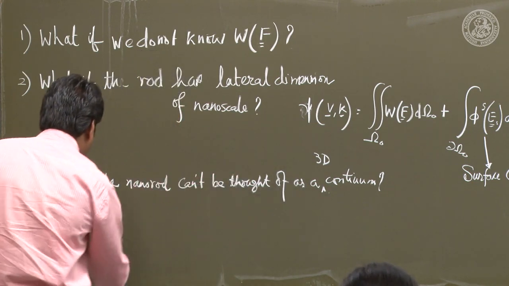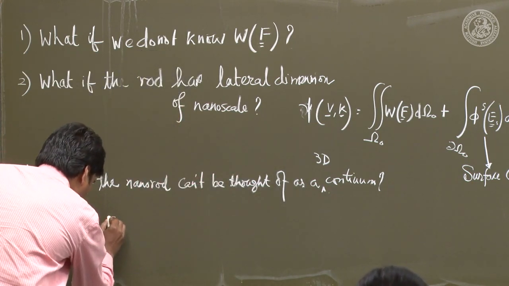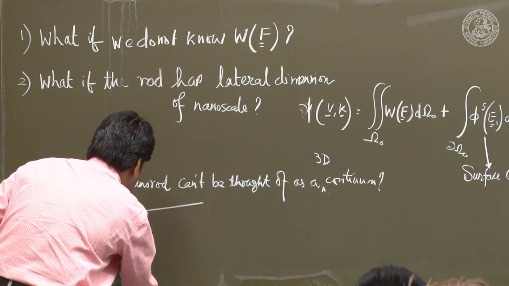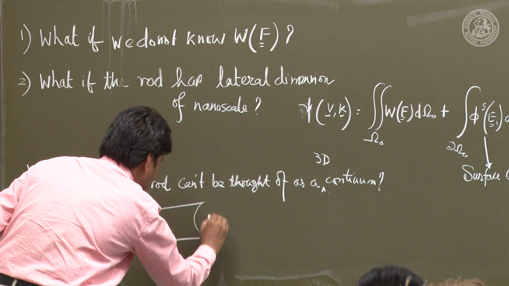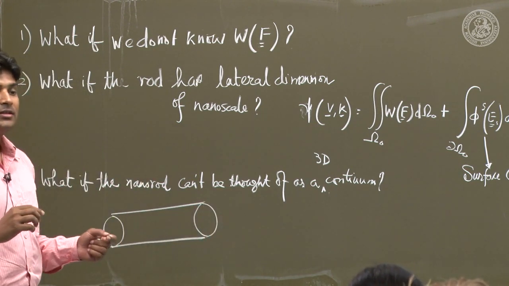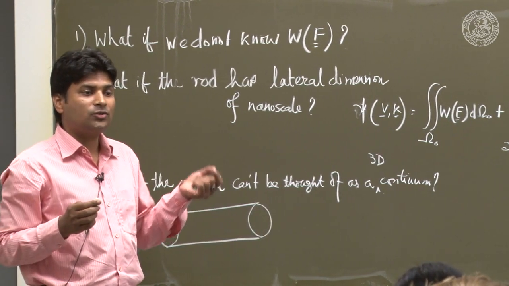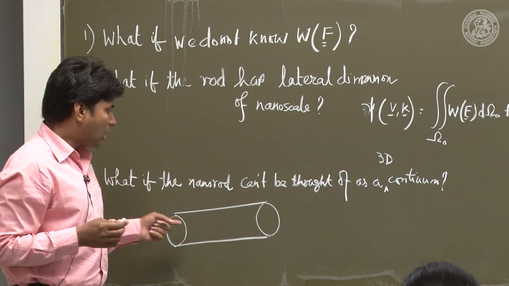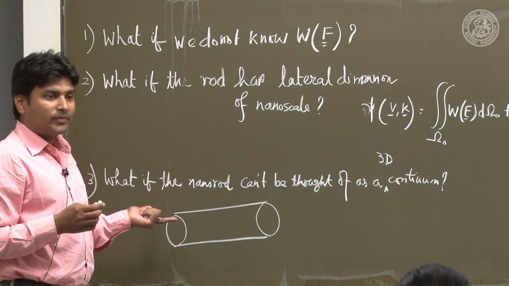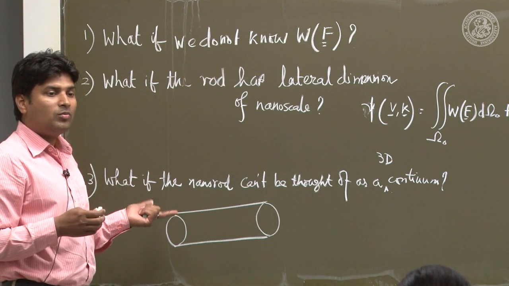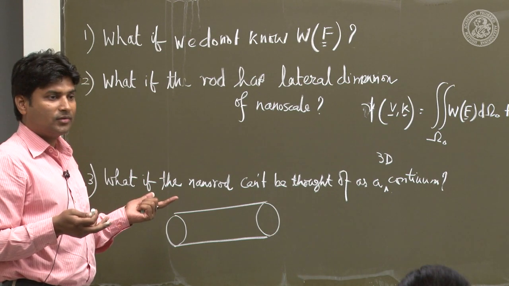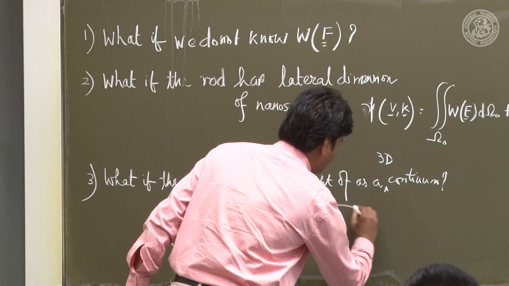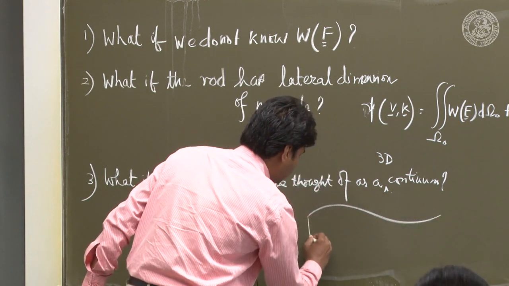If you think of, let me just draw a schematic of a nanotube. It is really like a thin cylinder, isn't it? It is a thin cylinder, but it is so thin that it has just one atom along the thickness. So, you can't think of it as a continuum, but you may still want to model it as a rod, because even when this nanotube is deforming, you will see some nice examples, of course, later on.